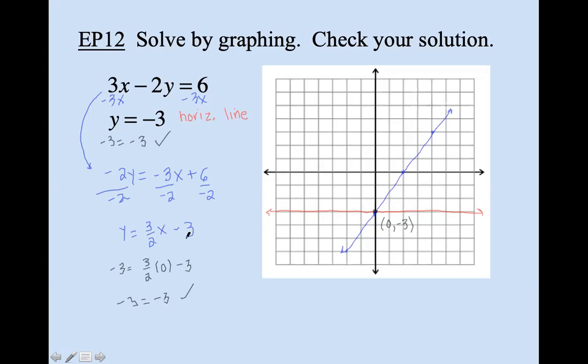Also note that I wrote it into the rewritten form, but I could have also taken the 0 and 3 and plugged it into the original to check. I could have done 3 times 0 is 0. Negative 2 times negative 3 is a positive 6, which is equal to positive 6. So I could have plugged it into either the original or the rewritten form to check my point. But 0, negative 3 is the solution. It works in both.